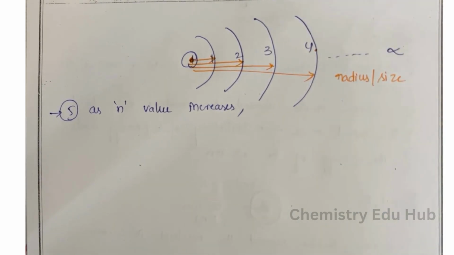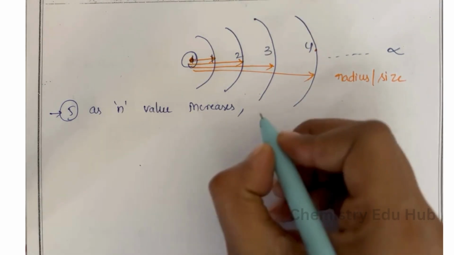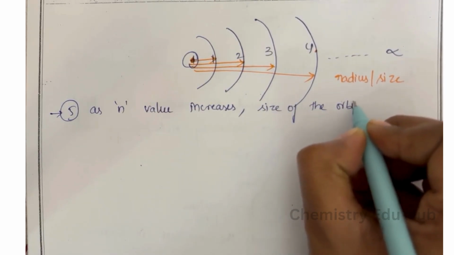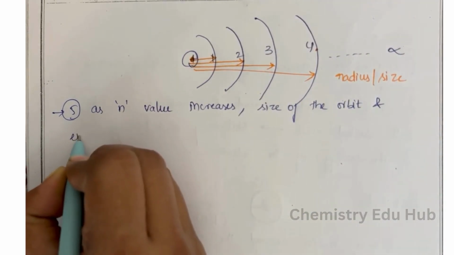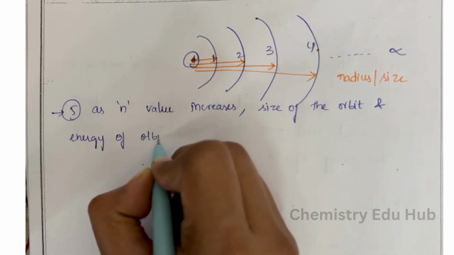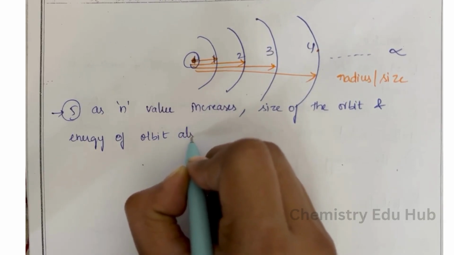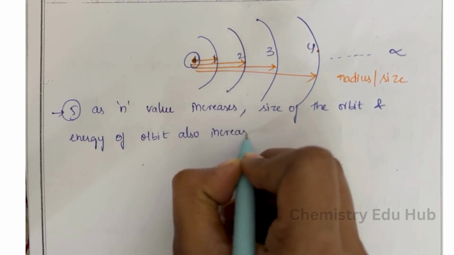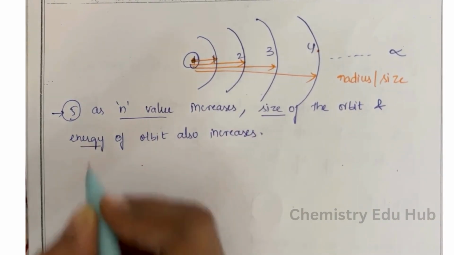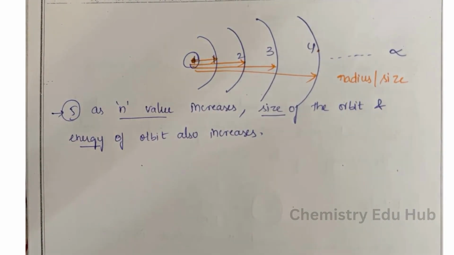So size of the atom or the electron orbit increases, size of the orbit, and also energy of the orbit also increases. So with the increase in the n value, size as well as energy of the orbit increases.